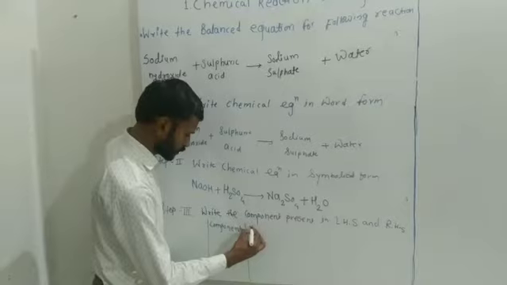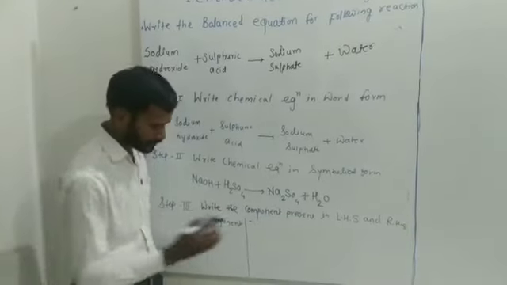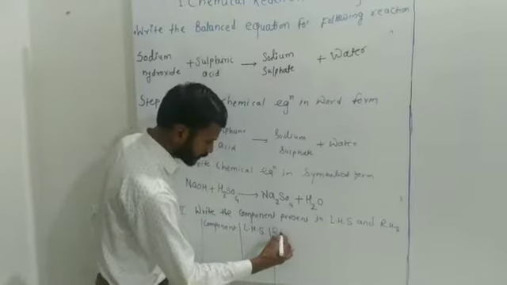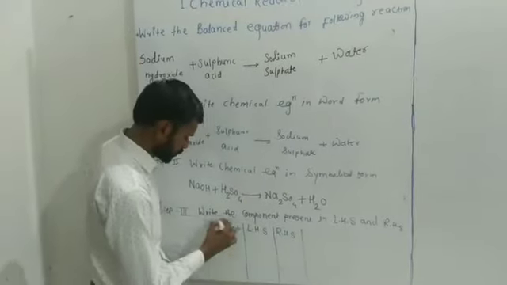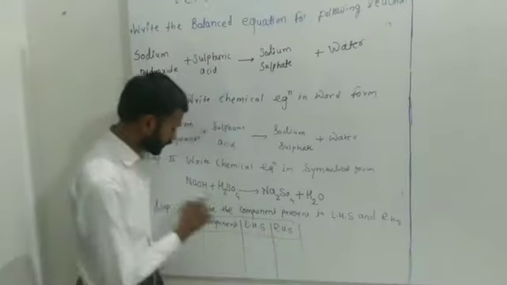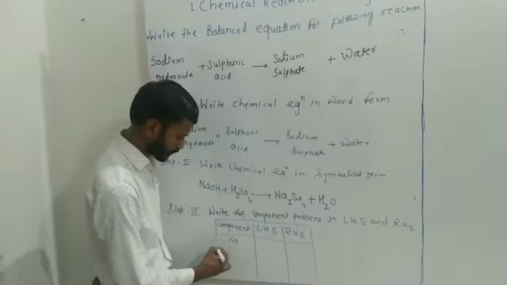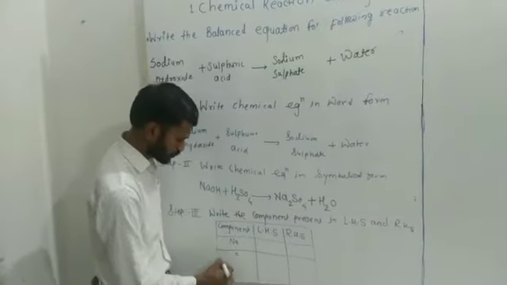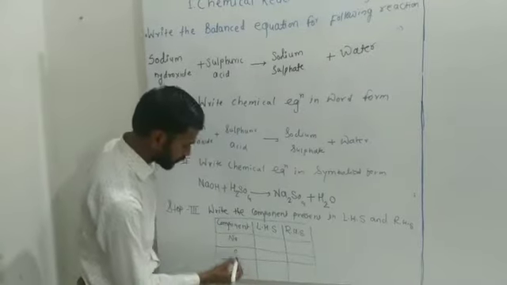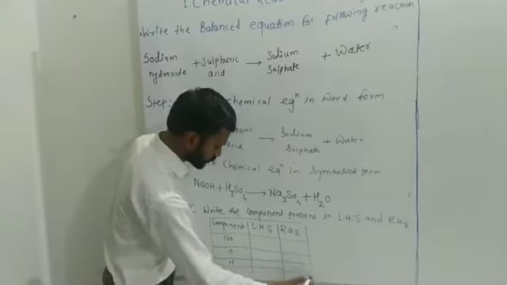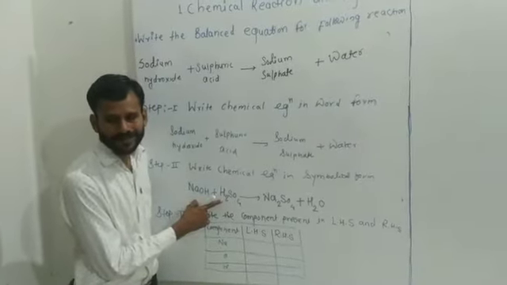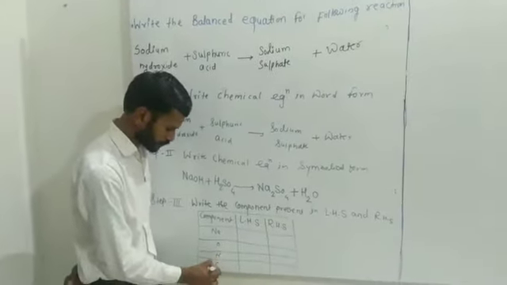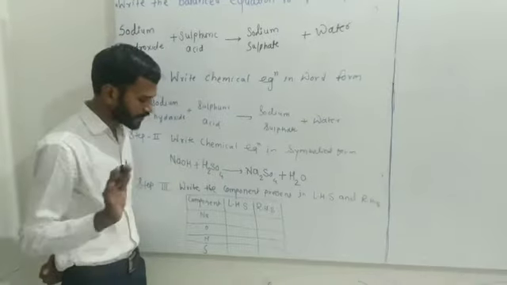The first element is Na, second is oxygen, third is hydrogen. Hydrogen is repeated, so we avoid it. Next is sulfur. Oxygen is again repeated, so it is avoided.